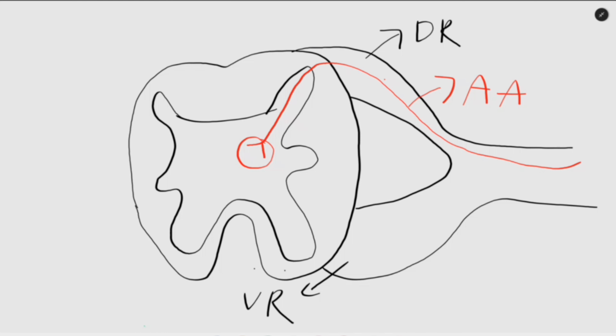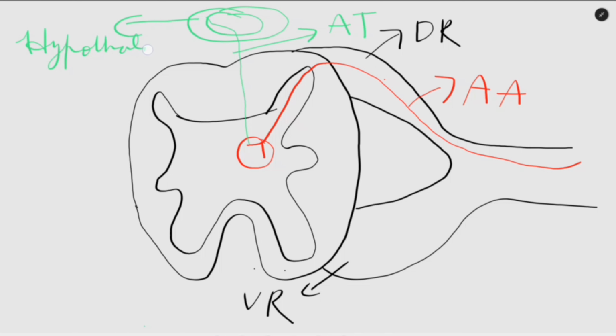From here, the ascending tracts, AT for short, will carry the sensory information to the specific center in the hypothalamus.